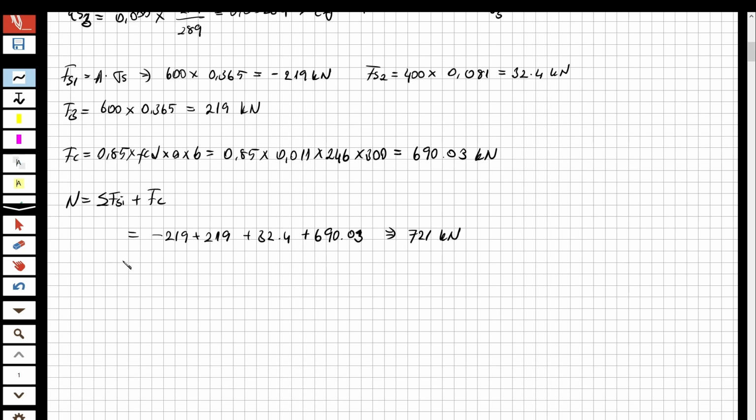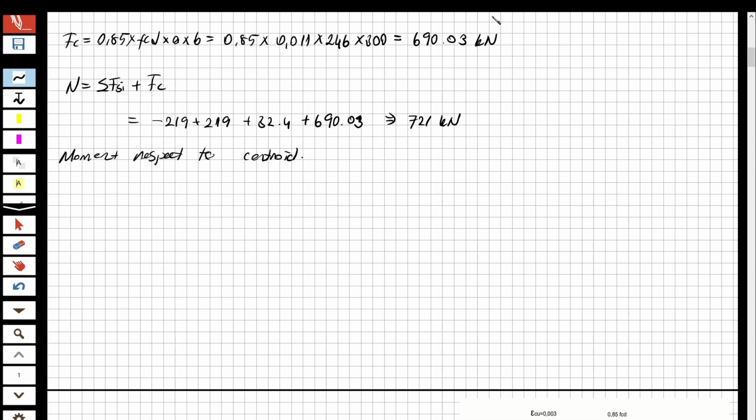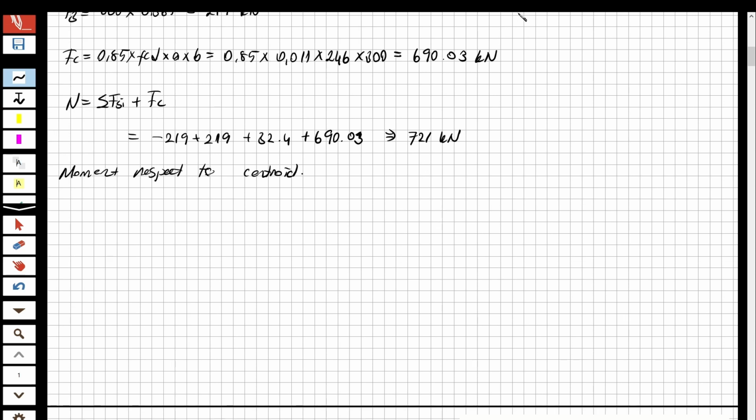Now we got the actual force. Let's calculate also the moment, but we are going to take the moment with respect to the centroid, okay? So let's do it. How will the moment be taken?